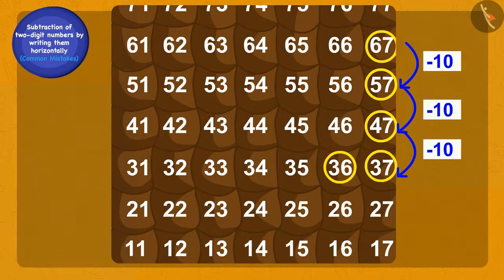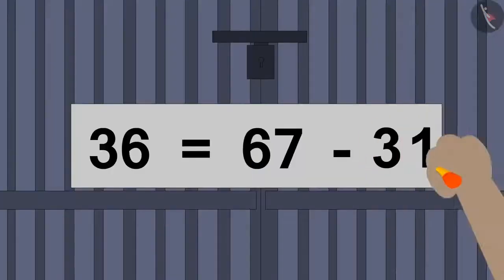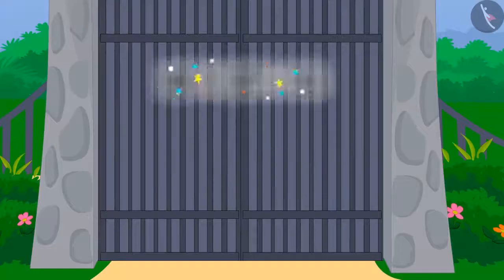Children, now how will we reach 36 from 37? Yes, we have reached 36 by walking one step towards the left. In this way, using the grid, Bhola went 31 steps back from 67 and reached 36. Bhola wrote the number 31 in the blank space.